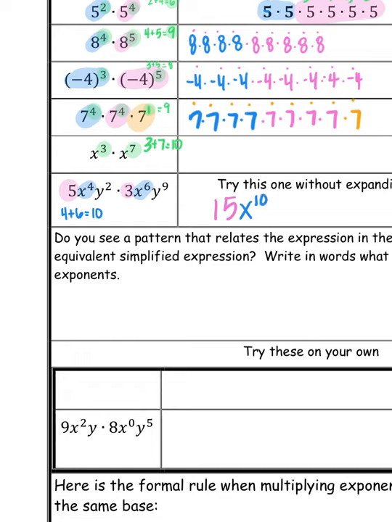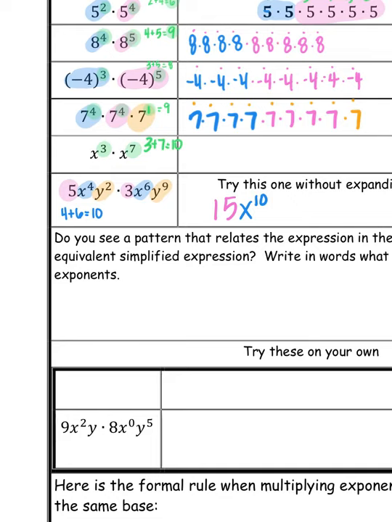Okay, so again, I color-coded because I'm only adding exponents that have the same base. And in this case, x is the base that we're using. So x to the 4th times x to the 6th, I'm adding the exponents 4 plus 6, and it gives me x to the 10th. Okay, and then now let's look at y to the 2nd times y to the 9th.